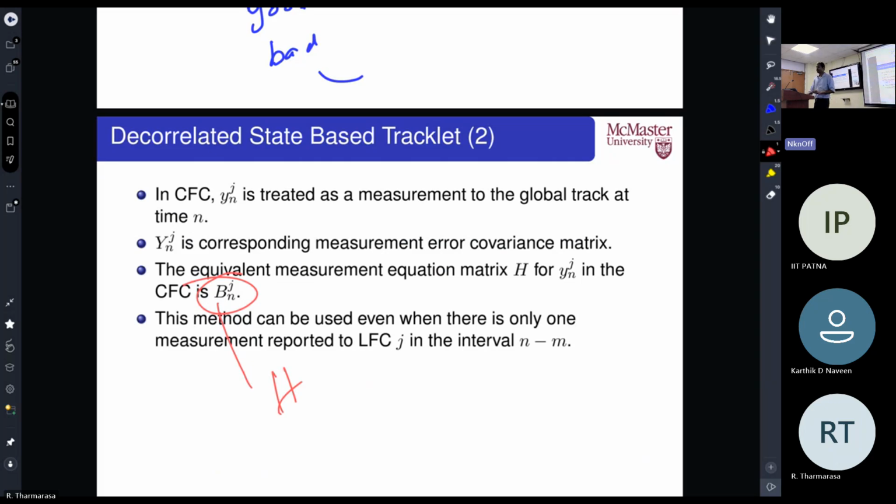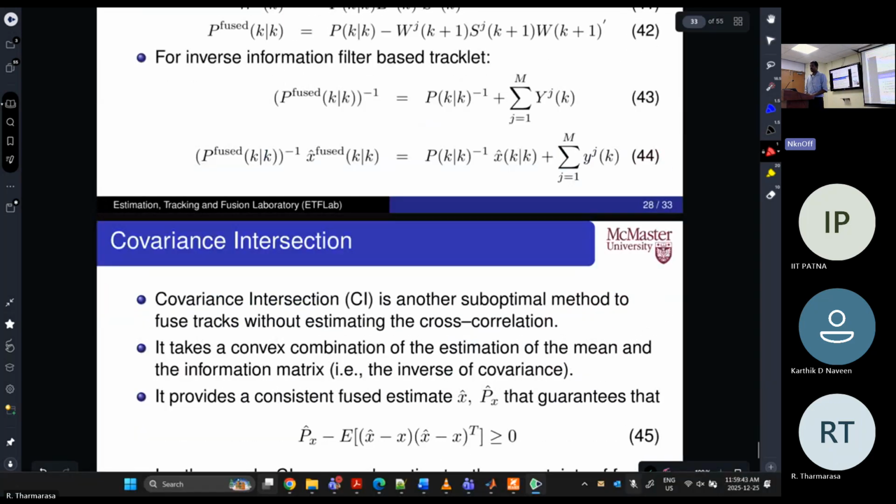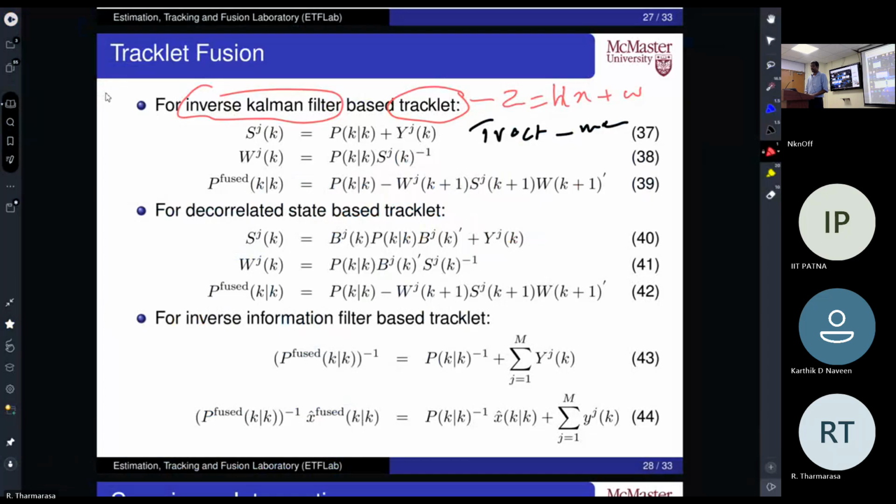That's it, right? Once you know all these, what do we do? This is a normal Kalman filter equation by substituting this. Instead of H, we substitute B, and you get this. If you substitute B equal to I, you get that. So this step is straightforward. This is nothing new here. This is a normal Kalman filter.